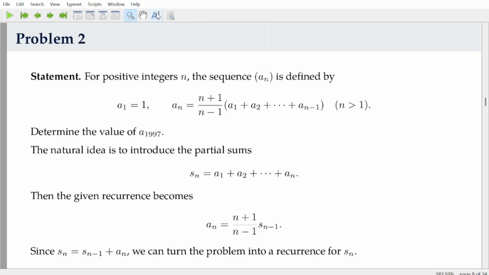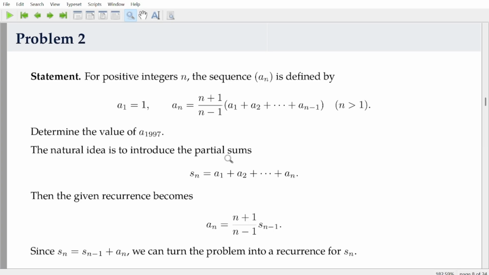So because we're working with this recursively built sequence, and we have this sum inside our nth term, right? Our nth term is defined in terms of the sum of the n minus 1 terms that came before it. So it's quite natural then to introduce this notation, which we call partial summation notation, which basically defines a new sequence with nth term s sub n to be the sum of the first n terms of our sequence that we're actually dealing with, right?